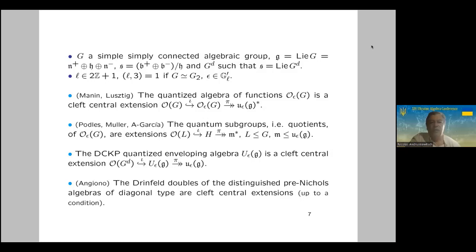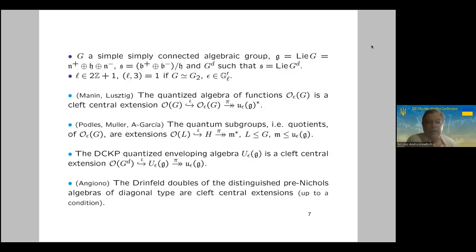Suppose that you have an algebraic group G, which is simple and simply connected. Let small g denote its Lie algebra, and this Lie algebra by hypothesis decomposes as n plus, direct sum h, direct sum n minus, for some choice of a Cartan subalgebra h and for some choice of positive roots.